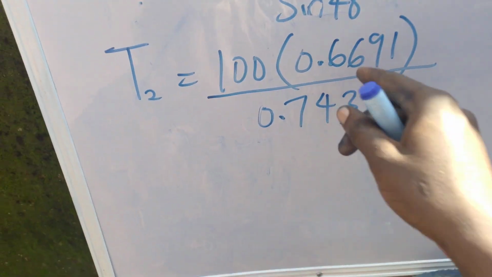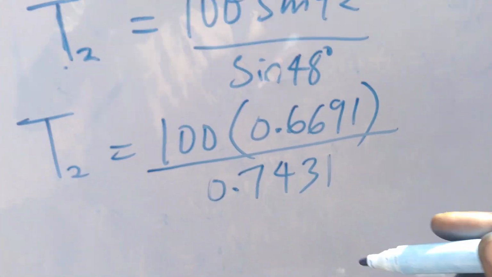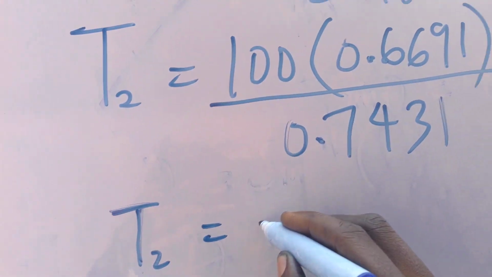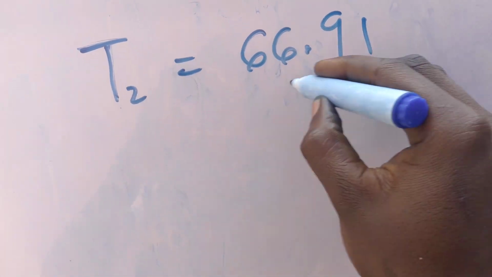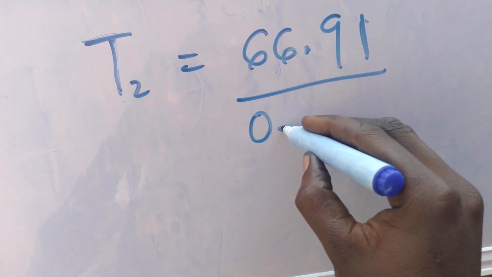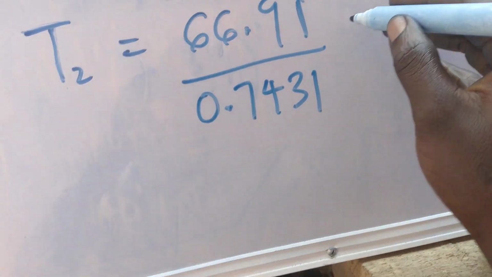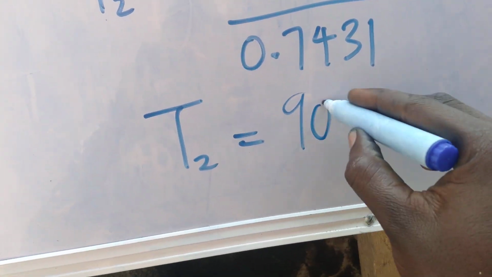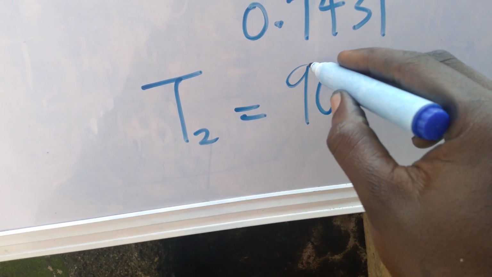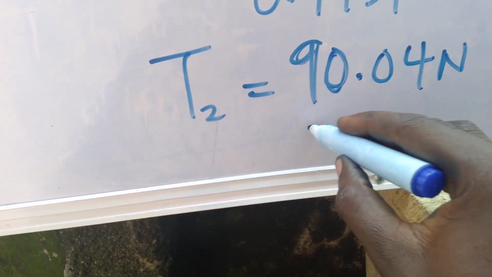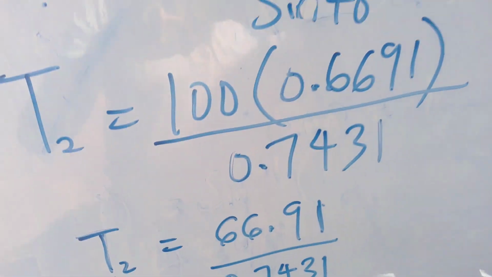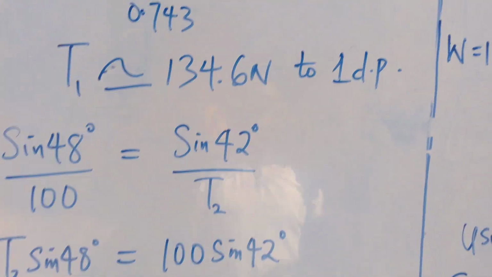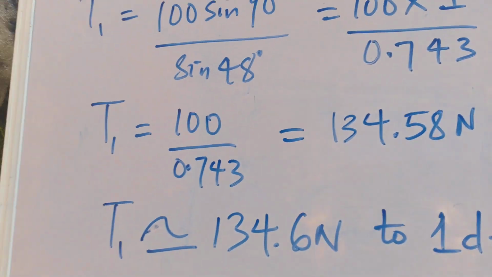If I multiply 100 times 0.6691, T2 equals 66.91 divided by 0.7431, and when I divide this, my tension T2 is 90.04 Newton. Okay, that's the tension T2. And we had tension T1 as 134.6 Newton, or 134.58 Newton to 2 decimal places.